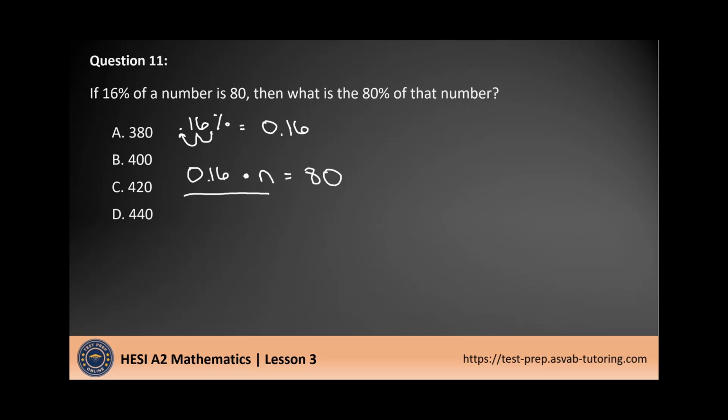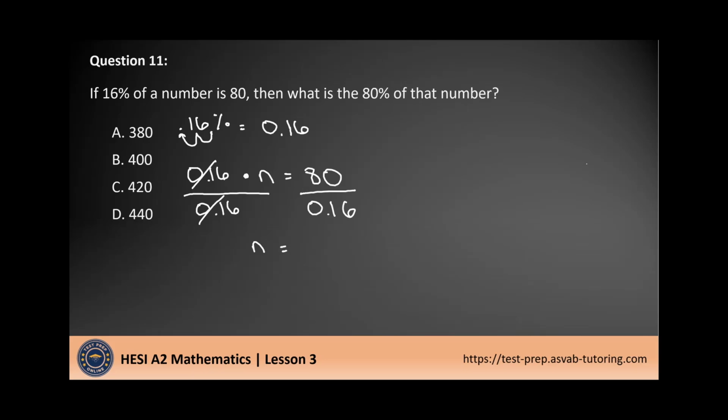This time we're going to use division to cancel out multiplication. So let's divide by 0.16. These will cancel out because a number divided by itself will always just be 1, so that's going to give us 1n, or just n.